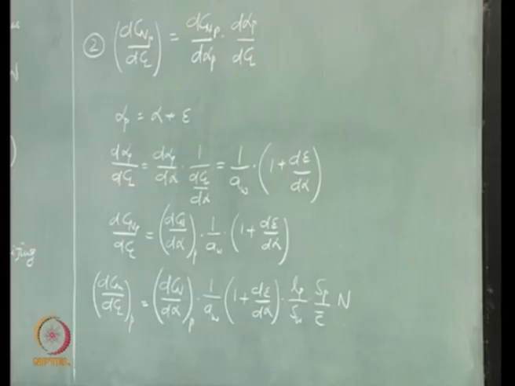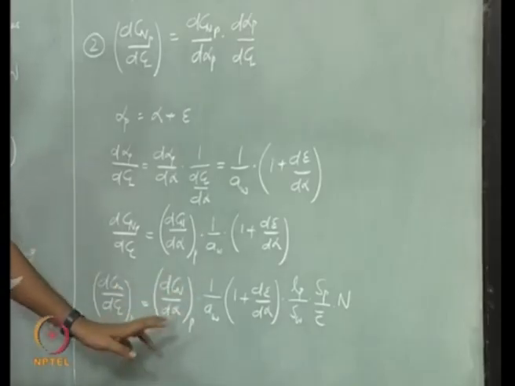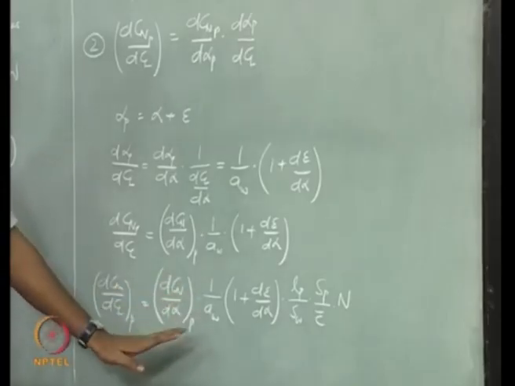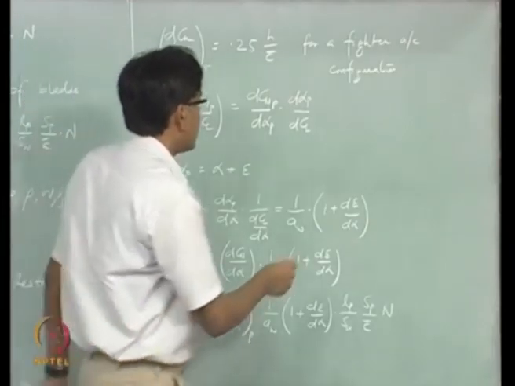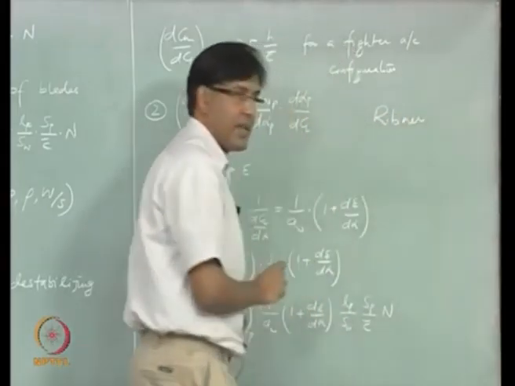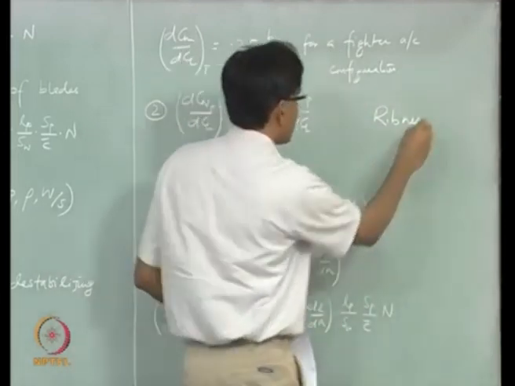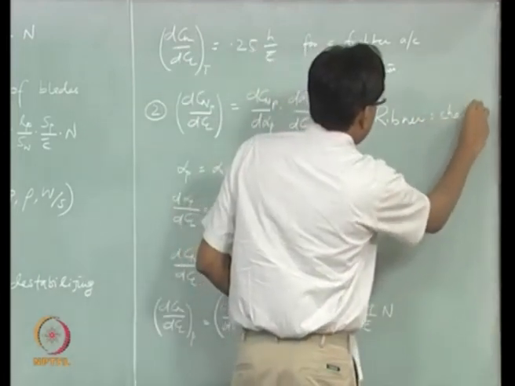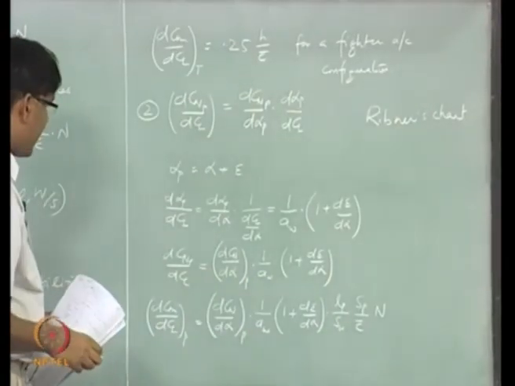That is called windmilling, and for that condition this dCn over d alpha is given. There is a person called Ribner, and the chart which gives you this is called Ribner's chart.